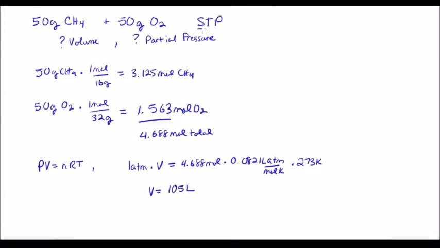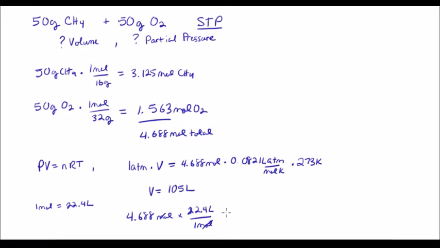Now, there is actually another way to do this one. Since we're at standard temperature and pressure, we know that 1 mole of a gas equals 22.4 liters. So we could use kind of a shortcut method, and we can take our total number of moles, 4.688, and use this as a conversion like you've done many other times and say 22.4 liters per 1 mole.